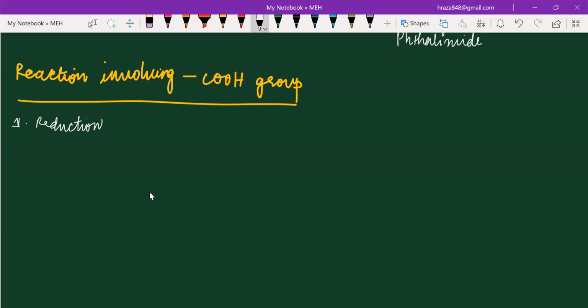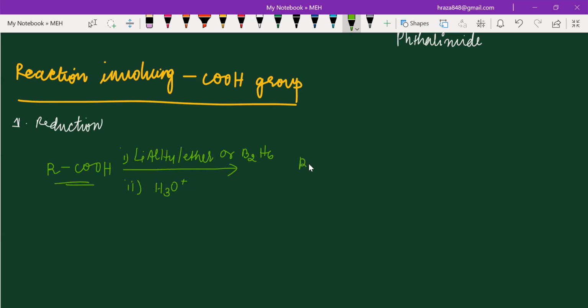If you are going to do a reduction using a very strong reducing agent in carboxylic acid like LiAlH4, lithium aluminum hydride, or B2H6, that is diborane, and after this, in the second step, you are going to do the hydrolysis in the presence of acid, then this carboxylic acid will be directly converted into alcohol.